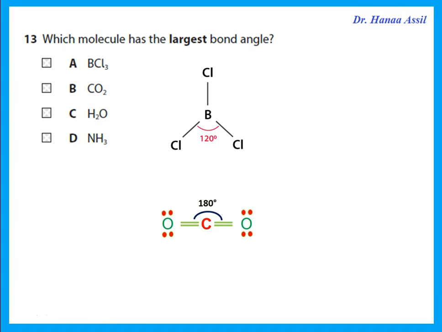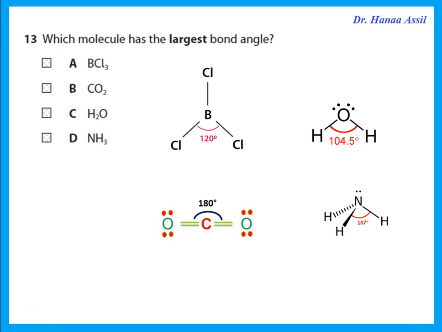You should realize that carbon dioxide is a linear molecule, bond angle 180. Water is V-shaped, and this is 104.5 because the oxygen has 2 lone pairs of electrons, so this pushes the bonding pairs closer together.